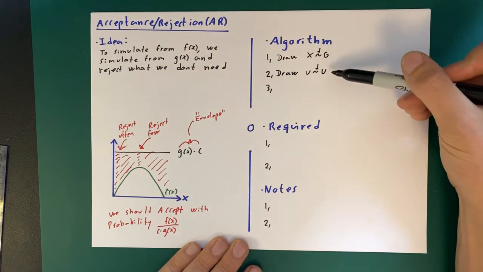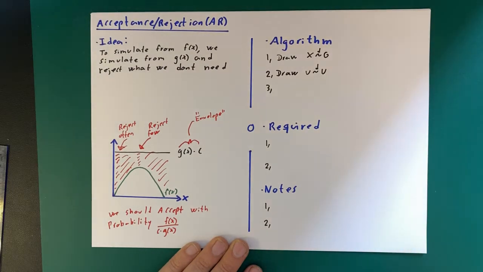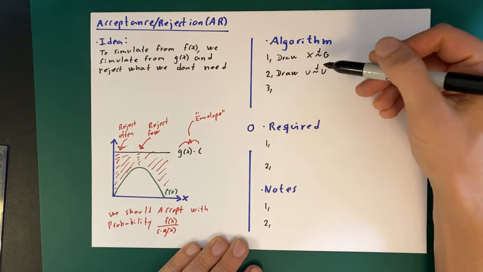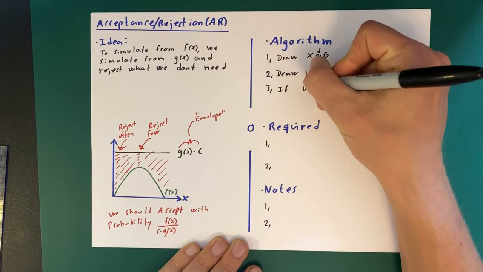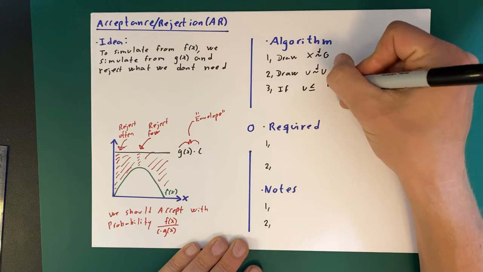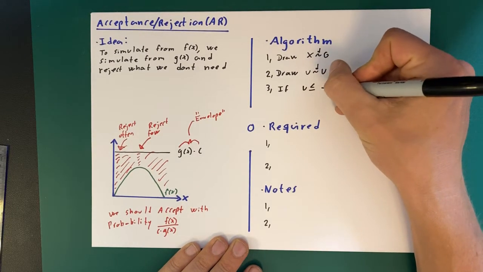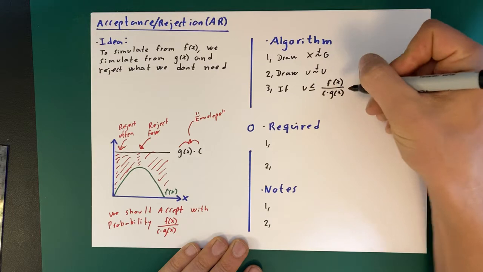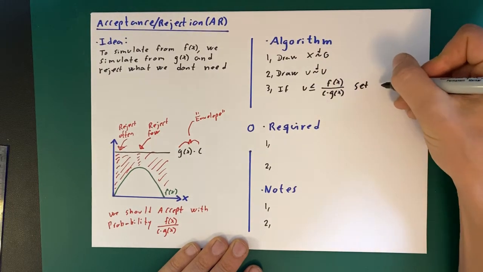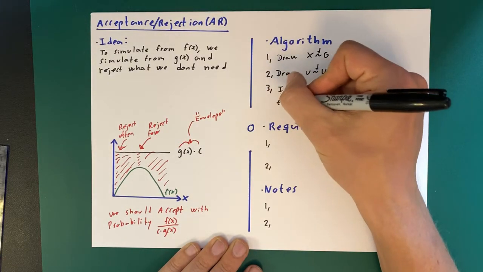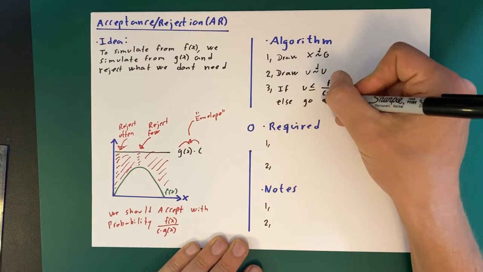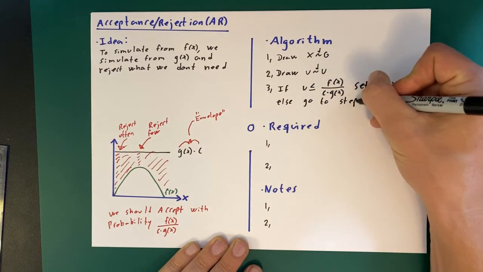And we talked about previously how we could simulate from the uniform distribution, and we might imagine that we can simulate from G using inversion, which we already covered. And then in the last step, having drawn x and u, we'll say if u is less than or equal to f of x over c times g of x, set y equal to x, else go to step 1.